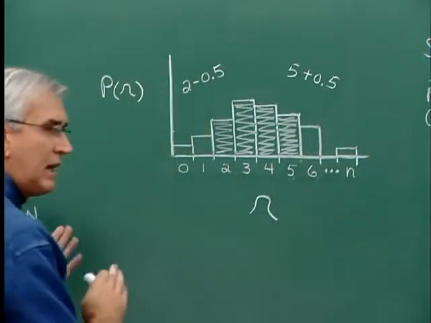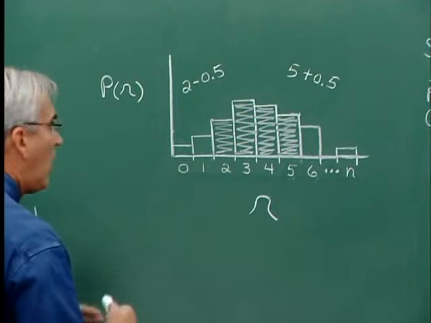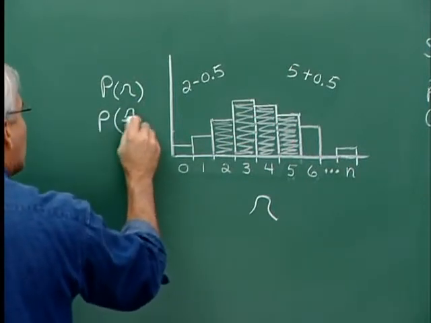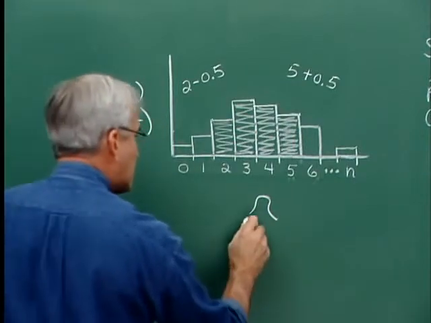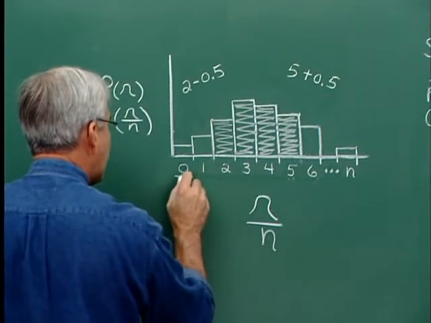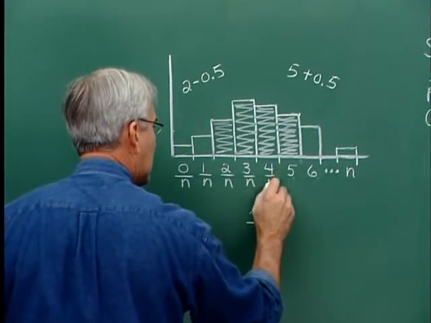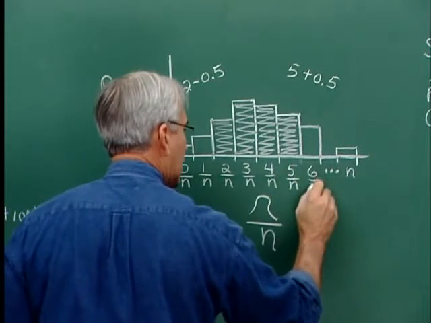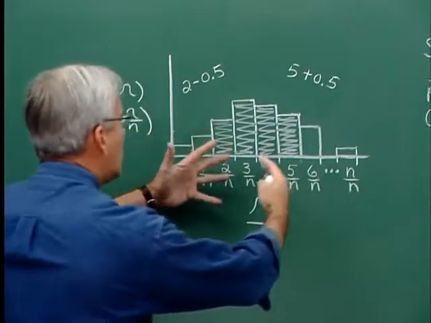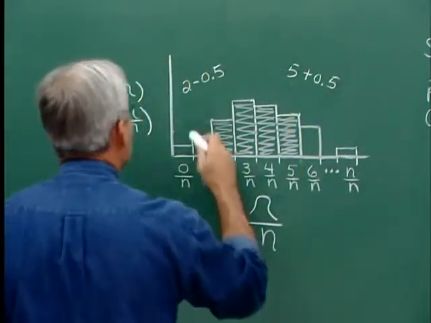Well, in our study in this section, it's related to this idea, because all we're doing is thinking of this as the probability of R over N, and all of these R's are going to be over N. That idea transfers all the way up to our continuity correction.